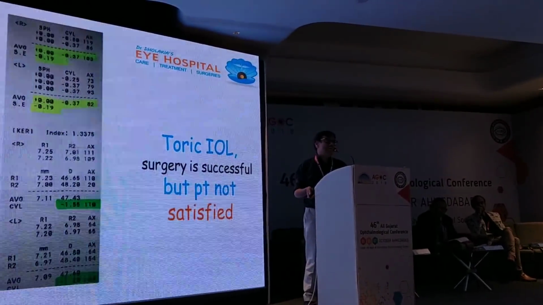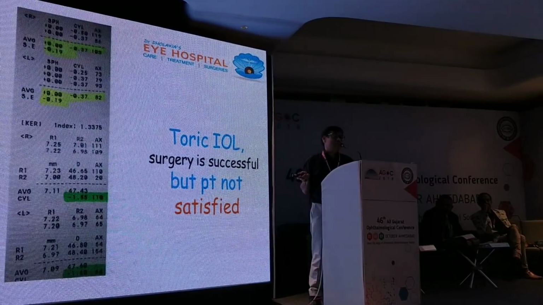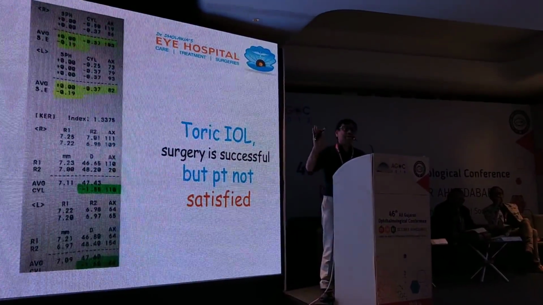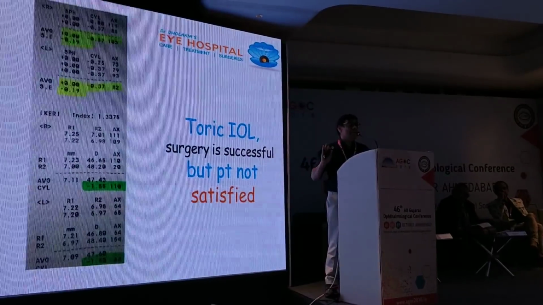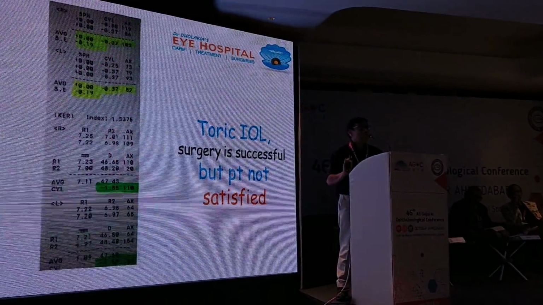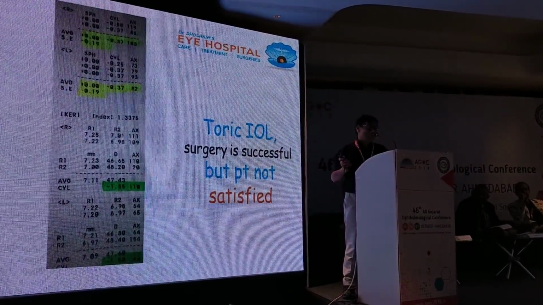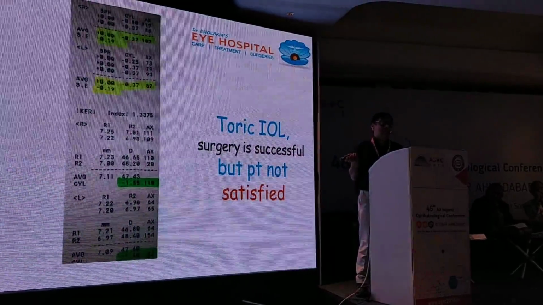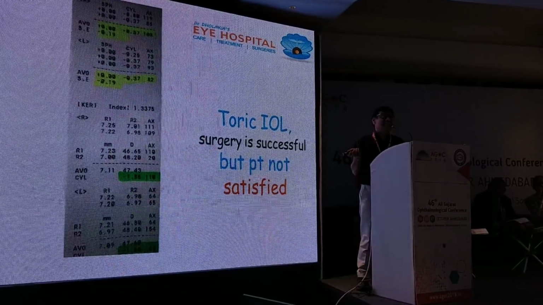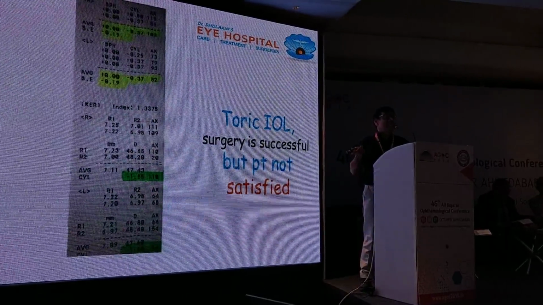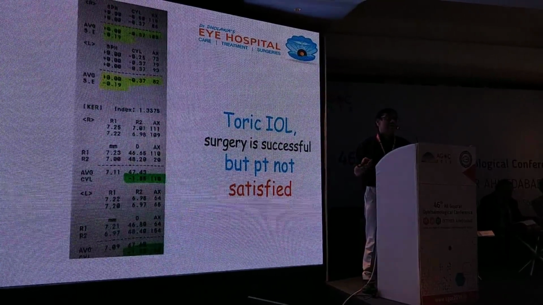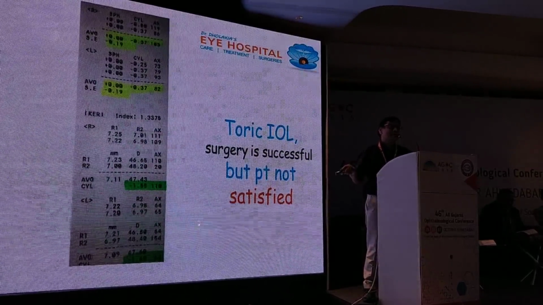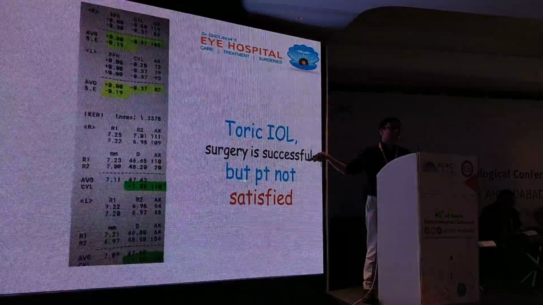Then I asked, what is the problem? Because my near vision has gone. Even though my cataract is gone and my distance vision is improved, my near vision without glasses has gone. So I thought, what did I do wrong? Even though the patient was happy with a little bit of astigmatism, happy for her near and distance vision, I gave her glasses at the age of 70. I know this patient well because she is my mother.